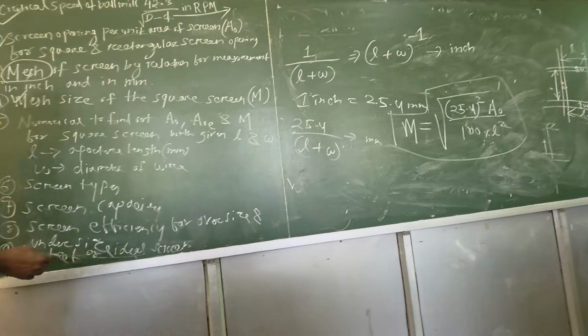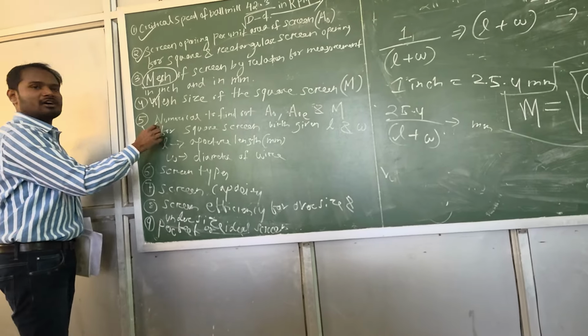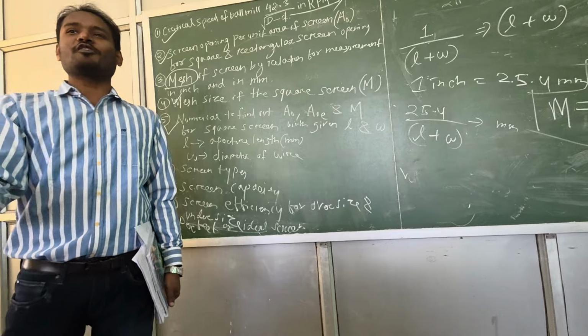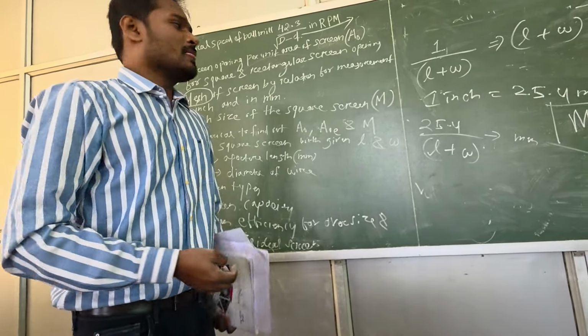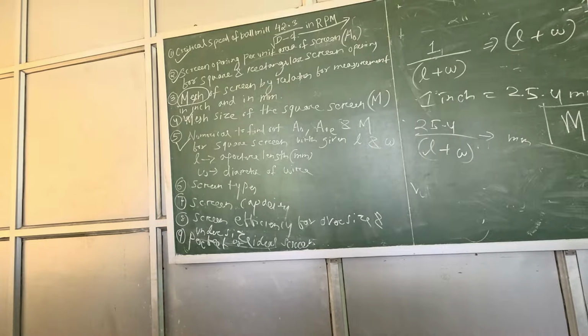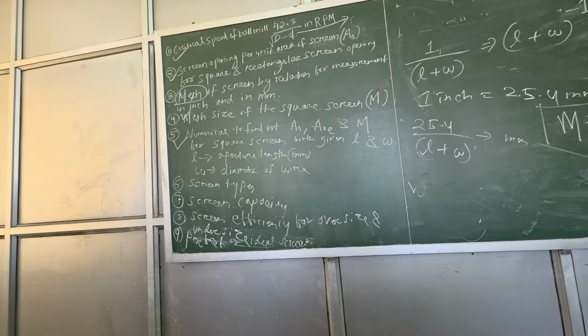So now we need to do a simple numerical. Already we did that, but I don't know why your answer was wrong. But I calculated it was nearly close. Okay, anyways, you can write the numerical.